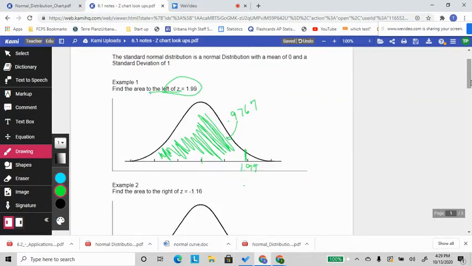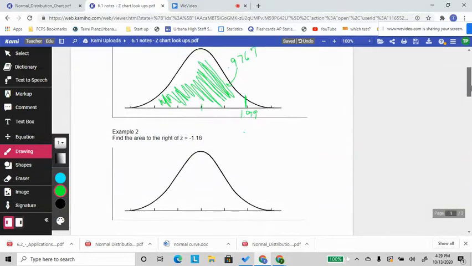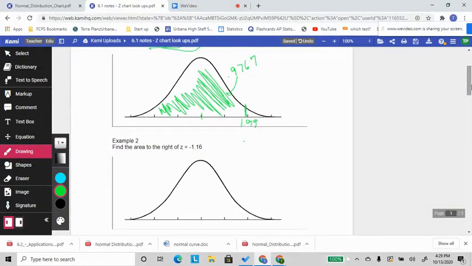All right, next one. We want the area to the right of negative 1.16. So 0 is here, negative 1 and a little bit, just a sketch. Negative 1.16, and I want the area to the right of it. So I want this area.